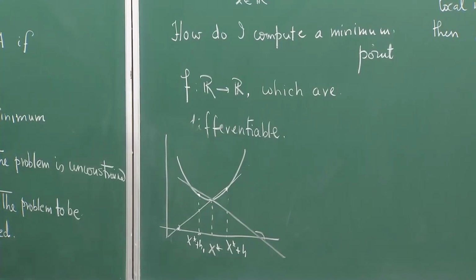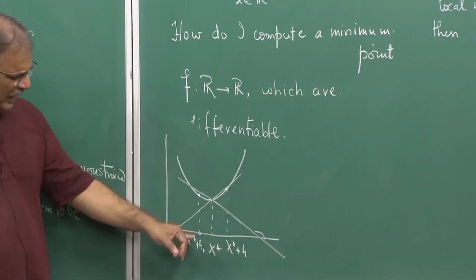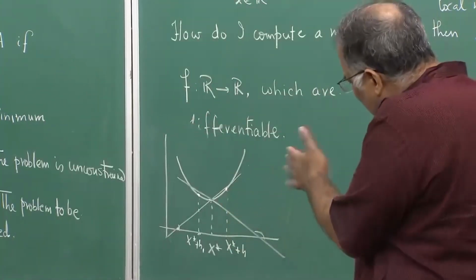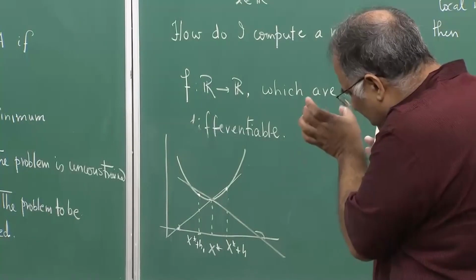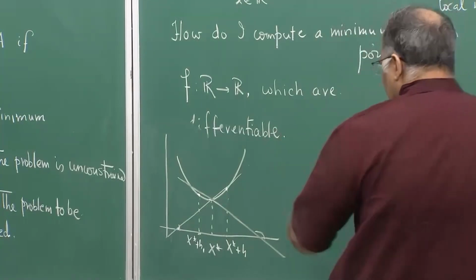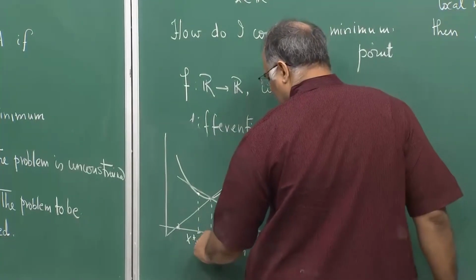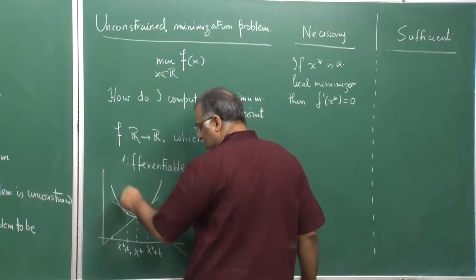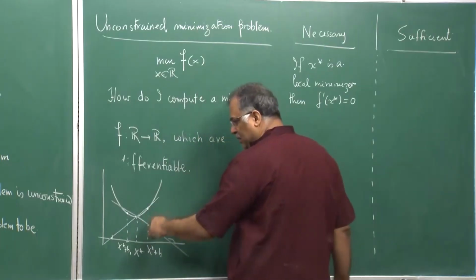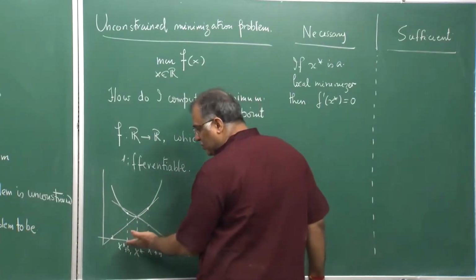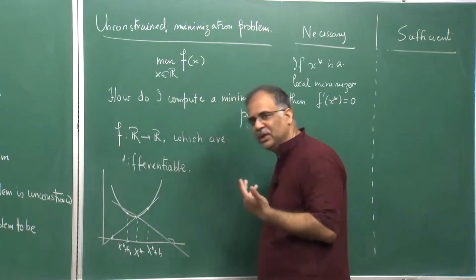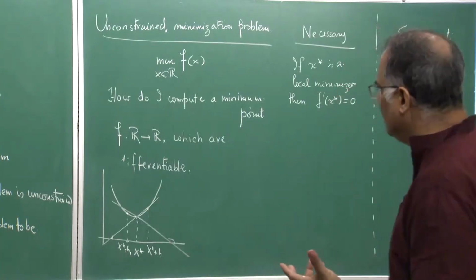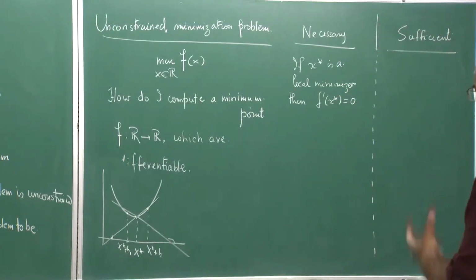So, the key fact about a local minimizer is that within some delta neighborhood, if you keep on moving towards the right from x star, the slope of the secants will remain positive, while if you move to the left, the slope of the secants will continue to remain negative, and that is the key idea behind the fact.